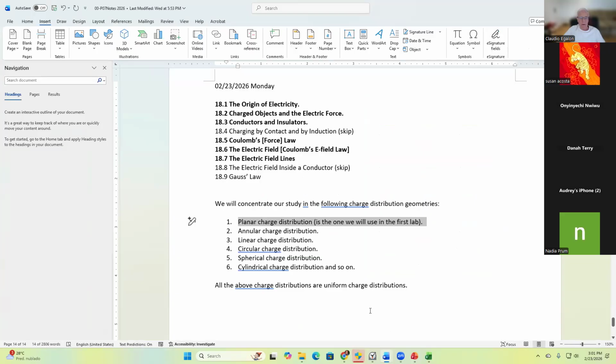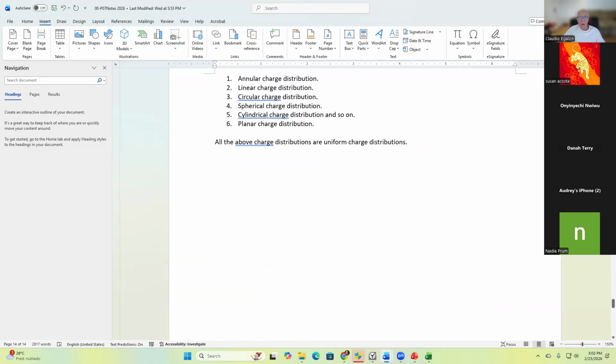It's much better if you start writing down everything. Planar charge distribution. This is the most important geometrical charge distribution. And what else did I say?